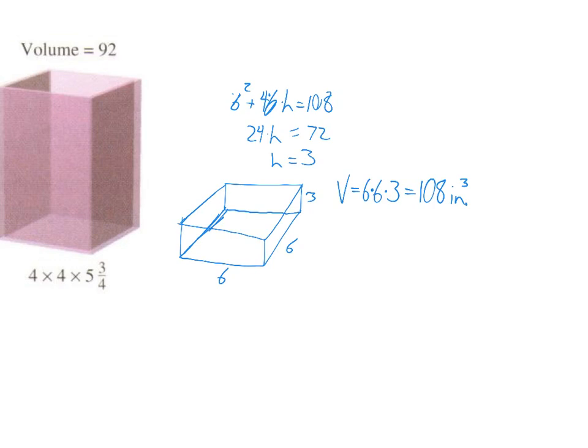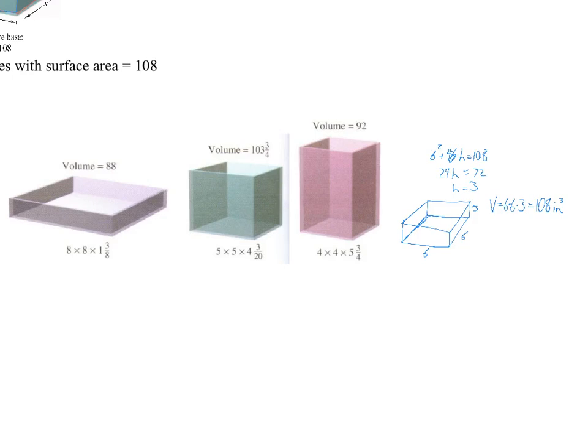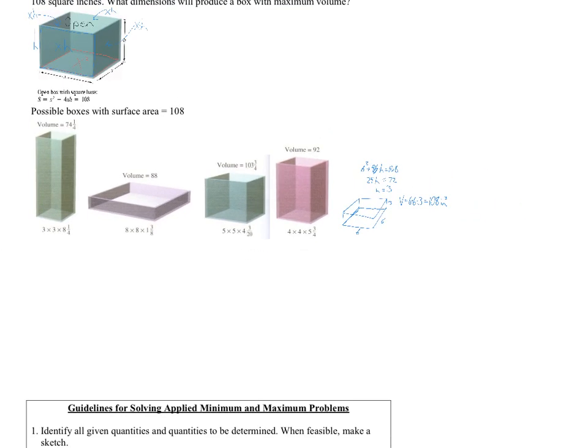So as you can see, there's a lot of different possibilities. Which one gives us the maximum? Out of all these, the one Paul just made here actually gives us the greatest so far. But this is what we need to do.